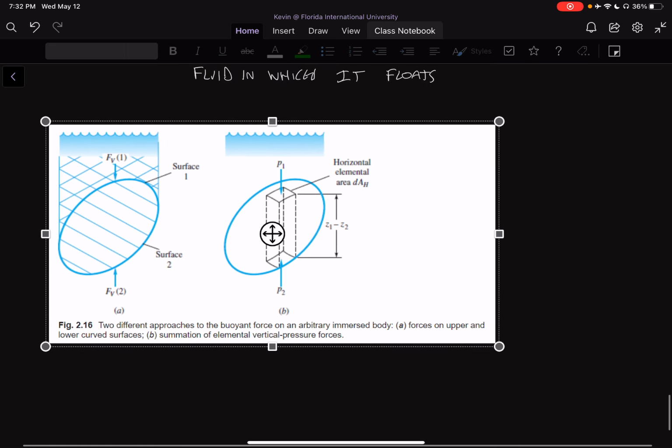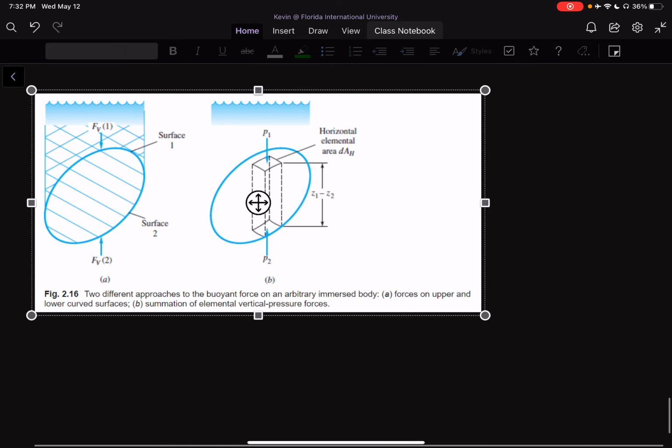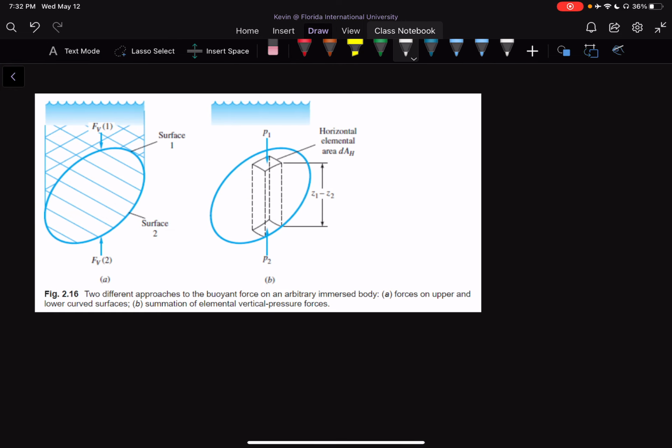So we have this integral method to figure out how to understand buoyancy. The integral method might not be the most simple way of seeing what's happening, but it does help out in the sense that it gives us a mathematical understanding of what's happening.